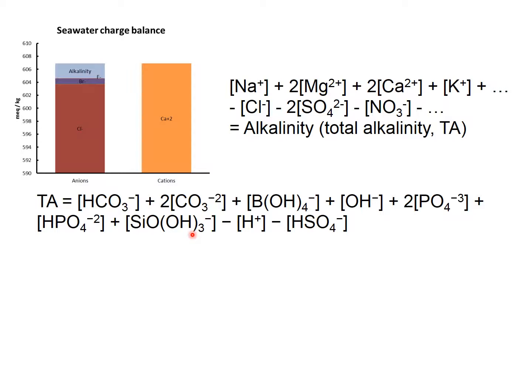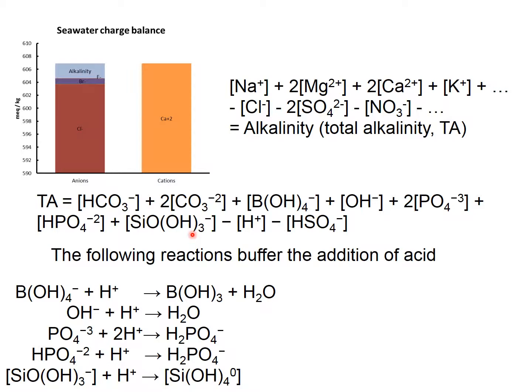Okay. Now the key thing is that quite a lot of these have an exchange reaction between two different, or maybe even three different species that are dissolved in the ocean that allow them to change their total amount of charge. Okay, so if you look at the borate ion here, we can change the relative proportions of borate to boric acid. This is boric acid here.